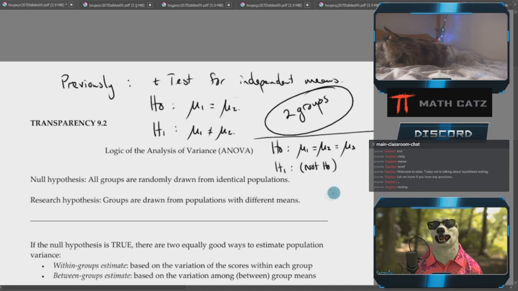Just something is different. So that's the underlying idea and how we progress from the independent means to this ANOVA, short for analysis of variance method, and what it's trying to do. I think that's the first important thing to understand. What are we trying to do? Not how, but just why does this even exist?